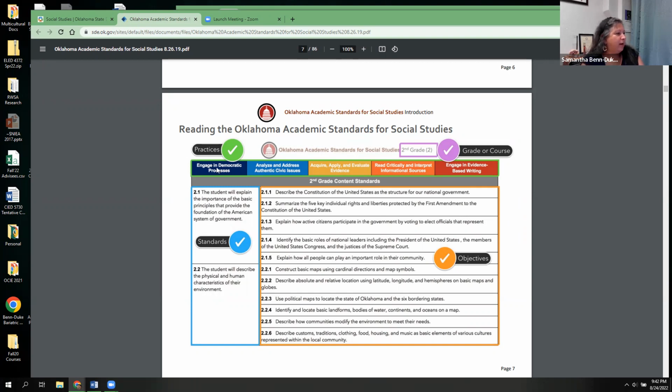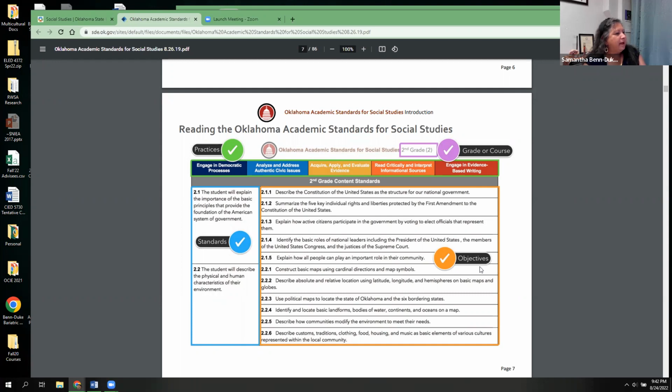We see the 5 practices across here and the grade level or the course. But over here in the blue, we have the standards. These are the overarching standards that are going to be used within the grade level that we're looking at, since in elementary, we're focusing on grade levels rather than more specific courses, such as Oklahoma history or world government.